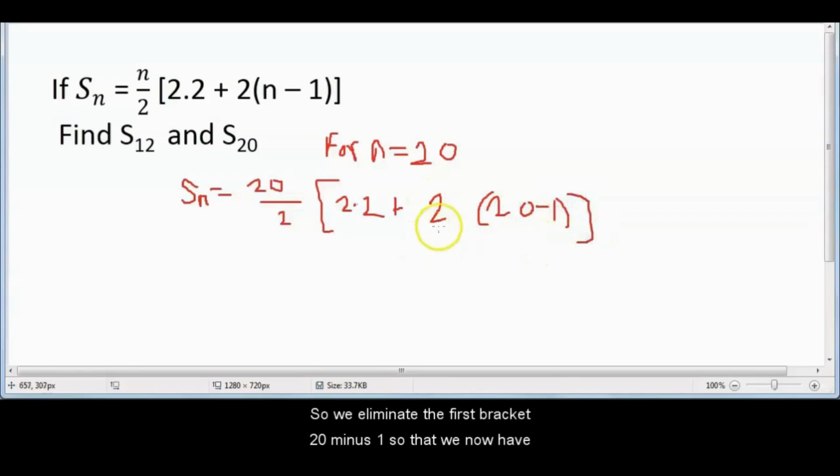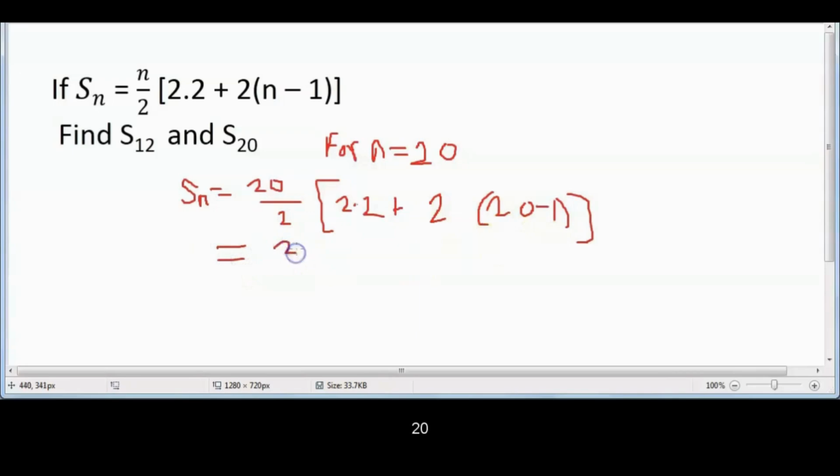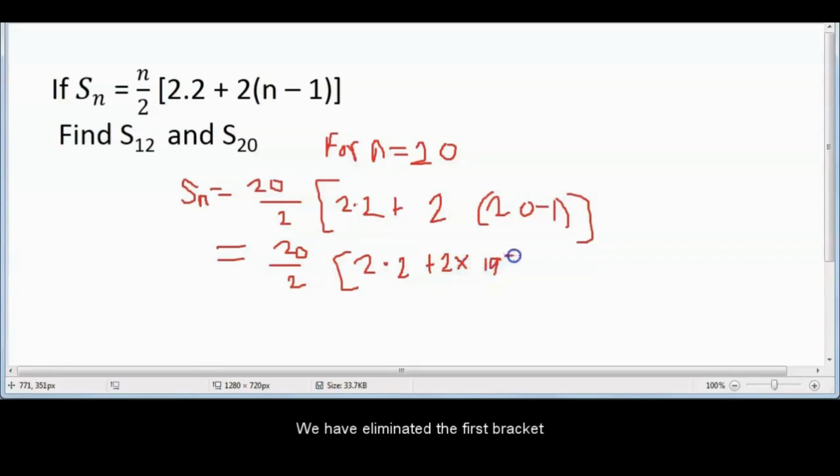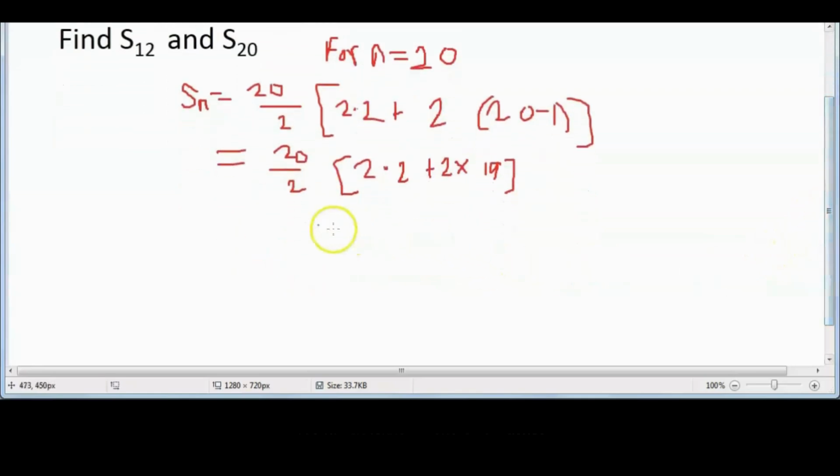So we eliminate the first bracket, 20 minus 1, so that we now have 20 over 2, parenthesis 2.2 plus 2 times 19. 20 minus 1 is 19. We have eliminated the first bracket. Now the parenthesis. I'm going to multiply, which comes first in order of precedence, and then finally we are going to add.